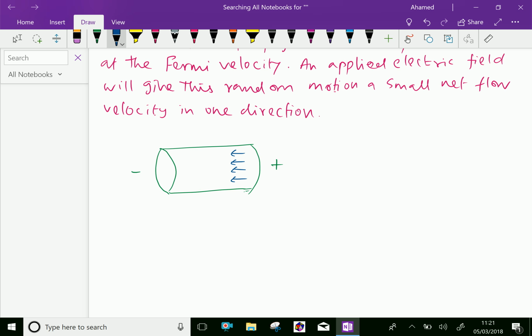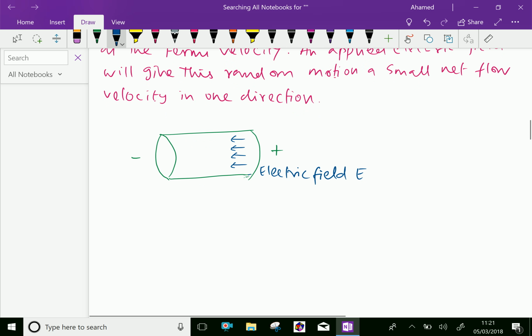Here, this is the electric field E. Now consider the velocity of the electron, that is the Fermi speed of the electron.